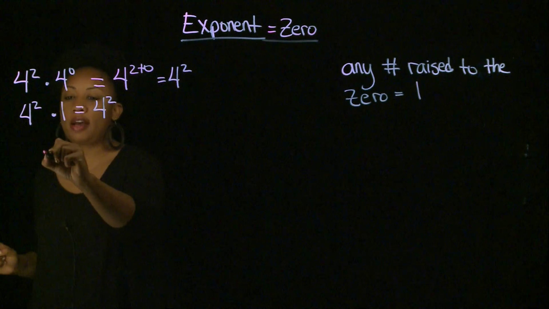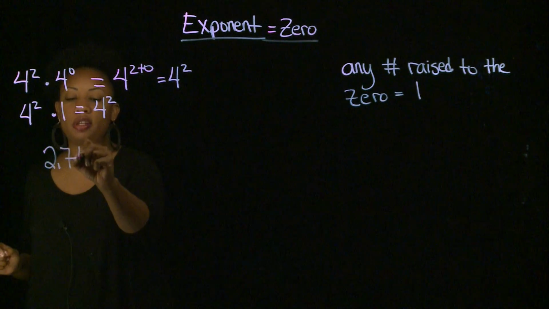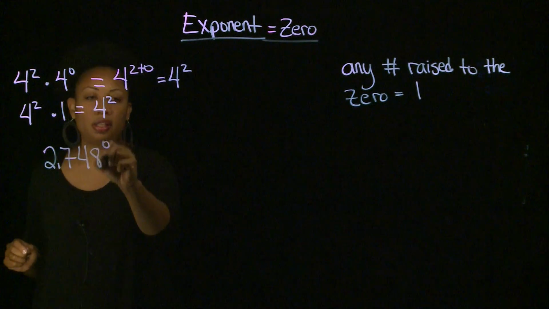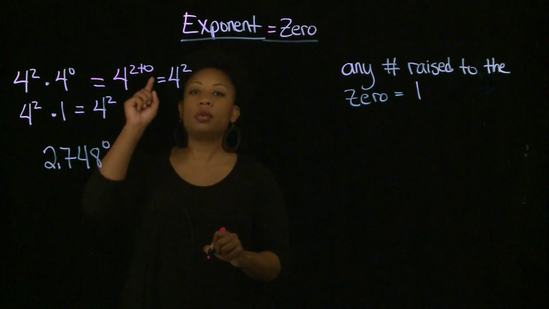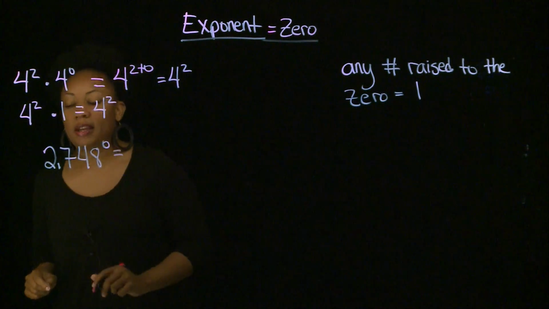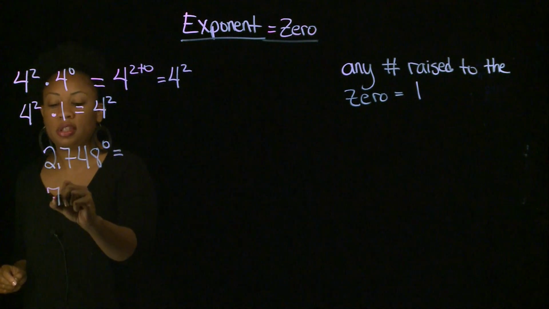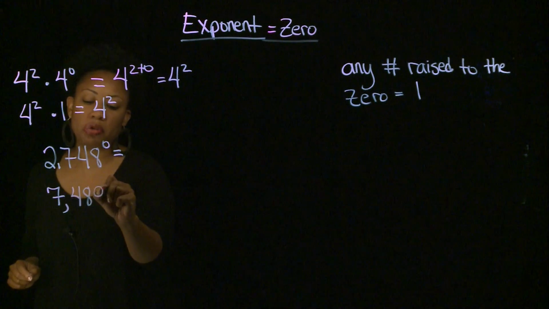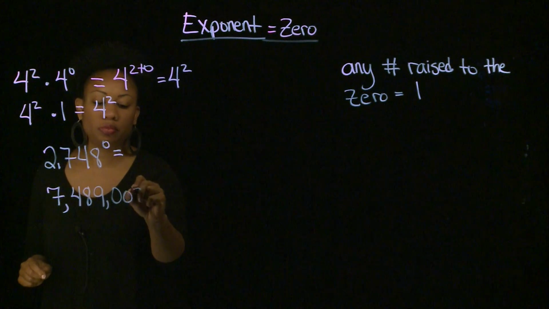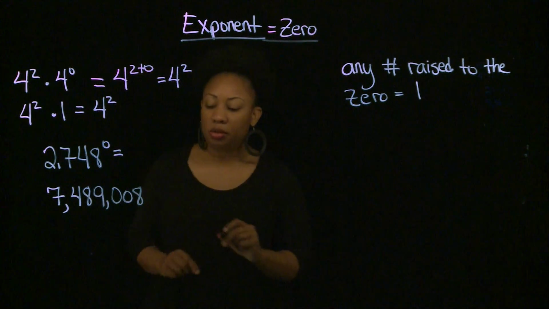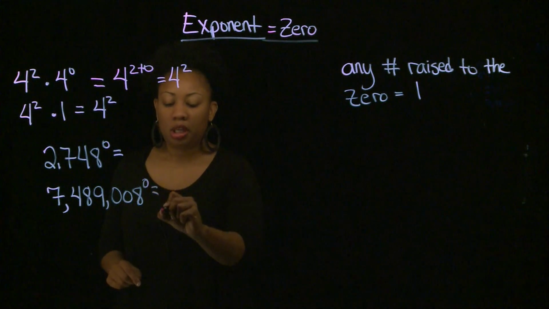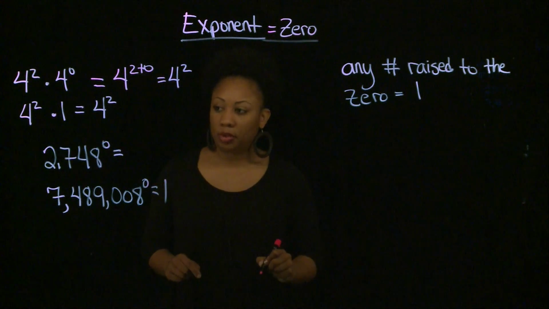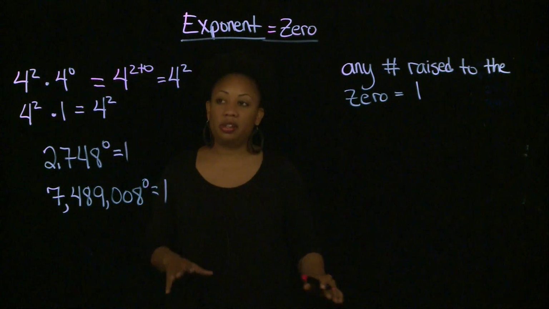So if I have 2,748 raised to the 0, my answer is 1. If I have 7 million raised to the 0, it equals 1. Okay? Anything raised to the 0 equals 1.